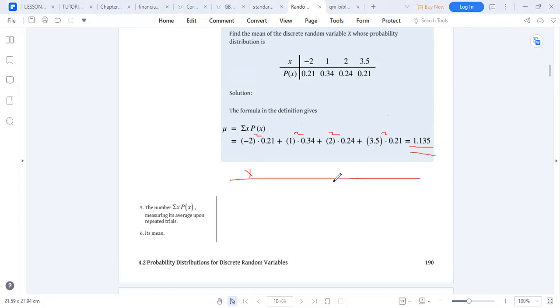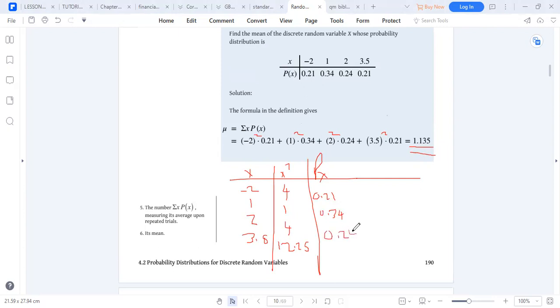Remember, you can simply find the values of x: -2, 1, 2, 3.5, and square the values of x if you want: 4, 1, 4, and the square of 3.5 gives you 12.25. And the probabilities we have are 0.21, 0.34, 0.24, 0.21.